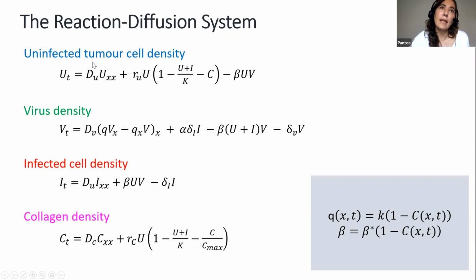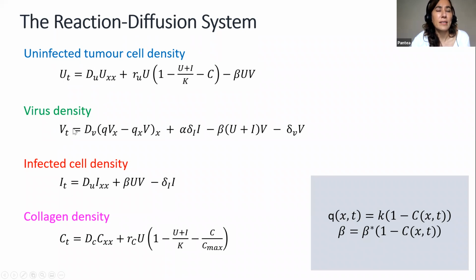Now, this assumes that, I guess, if you have a tumor that is invasive, this would be a relatively young tumor where the collagen is able to suppress it. And then we have this beta UV, which is the cells that are lost to virus infection.